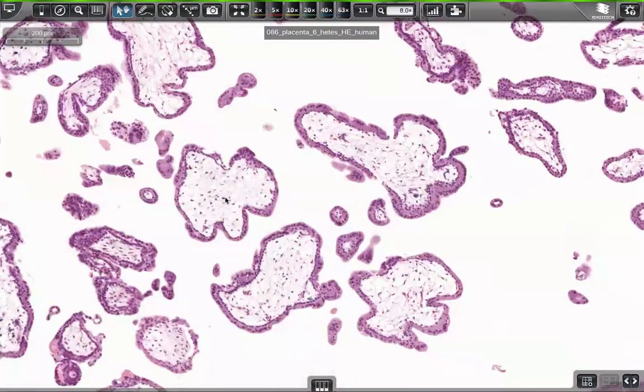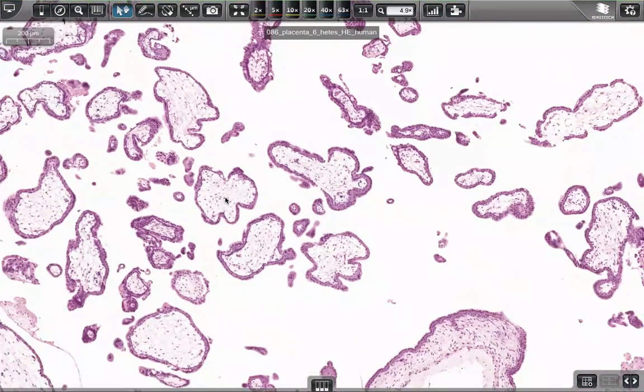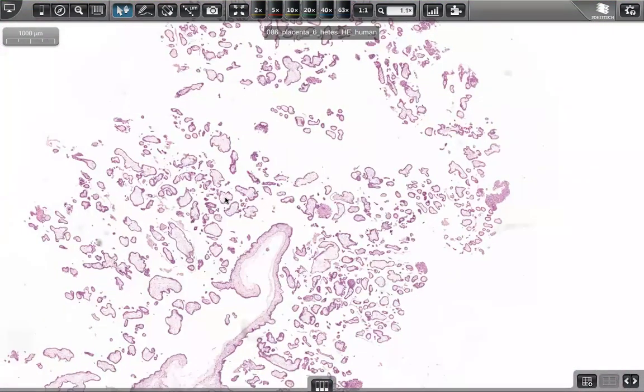But eventually, in the really early phase of the development, we can find some tertiary villi, and from the second, third months, only tertiary villi are present in the placenta. That means in the mesenchymal core we can find some fetal vessels.